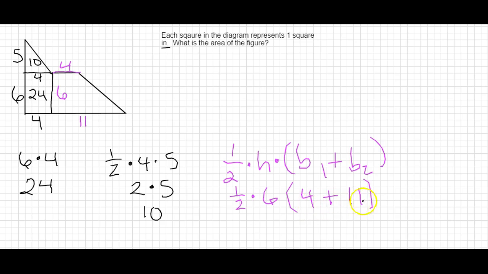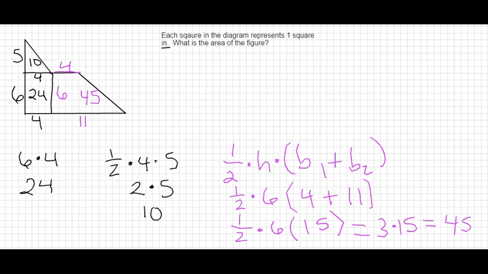We do need to add inside our parentheses first before we can multiply this all together. So 1/2 times 6 times 15. 4 plus 11 makes 15. Then we multiply. Again, you could just do 1 divided by 2 times 6 in your calculator. 1 divided by 2 times 6 is 3, times 15 is 45.